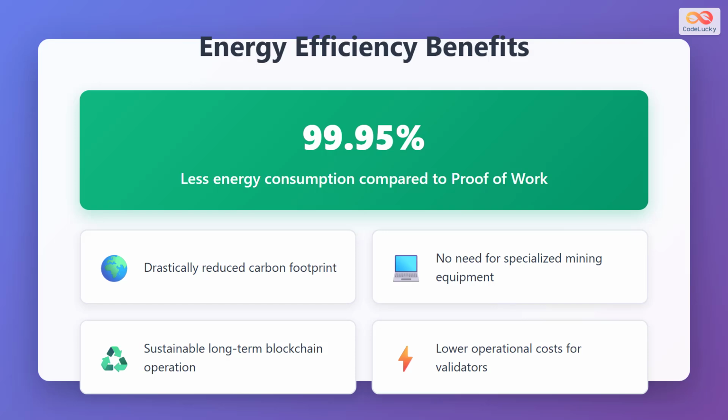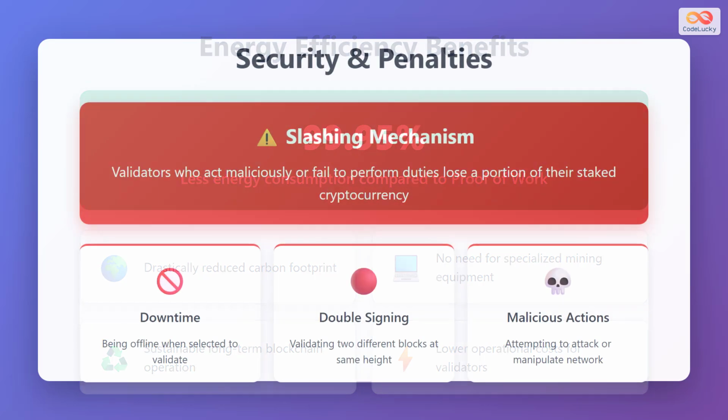Third, it enables sustainable long-term blockchain operation without environmental concerns. Fourth, validators enjoy lower operational costs since they don't need to pay for massive amounts of electricity. These advantages make proof of stake the environmentally responsible choice for blockchain networks.